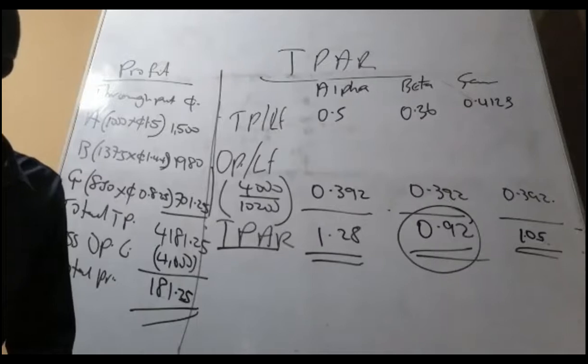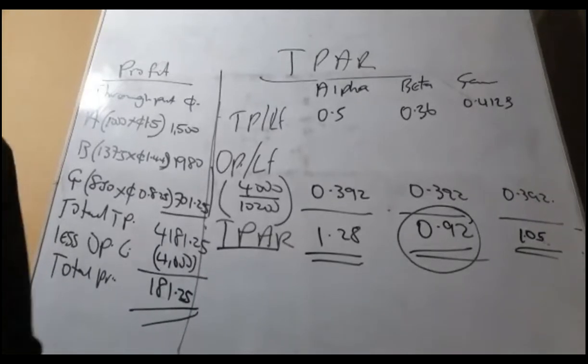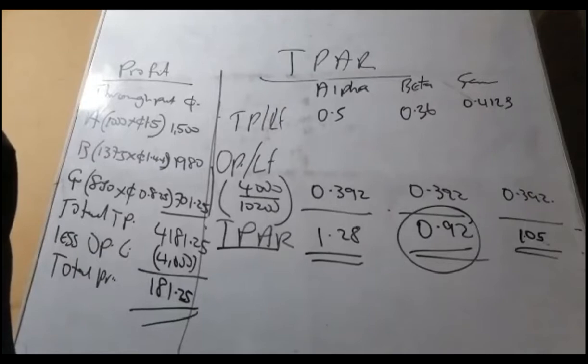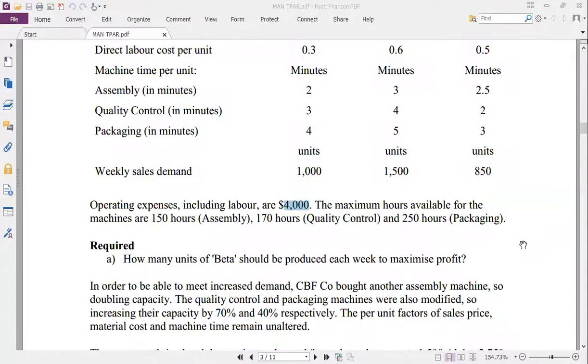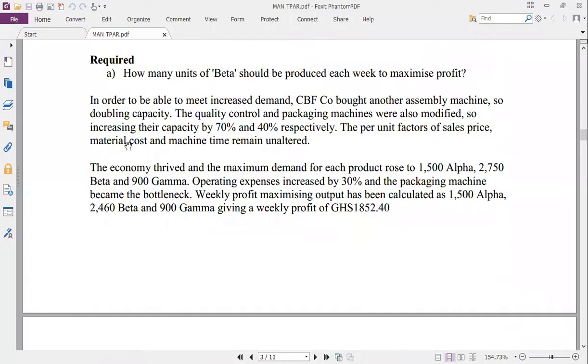Now let's go and look at the B part. Take the B part critically. So let's go to the B part of the question, and then we use the scenario there. It's saying this. In order to be able to meet increased demand, CBF Co, that's the name of the company, bought another assembly machine, so doubling capacity.